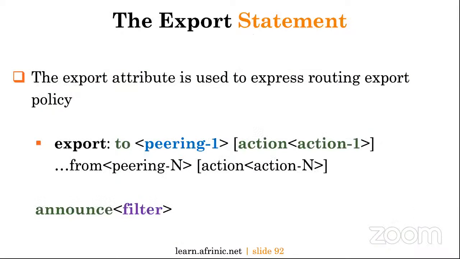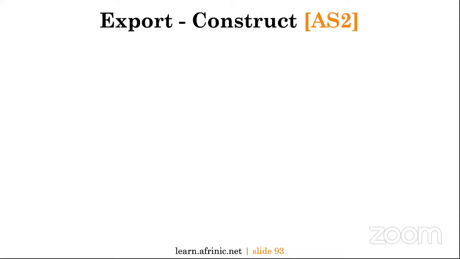Now the export statement works in the same way, where you can apply a filter or a filter set. We didn't discuss the filter set, but you will see it in the slides after the webinar. This one could also be more complicated when you want to do redistribution and all that fancy stuff. This is the construct using AS2 as an example.